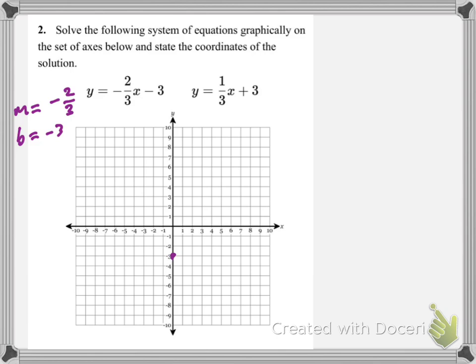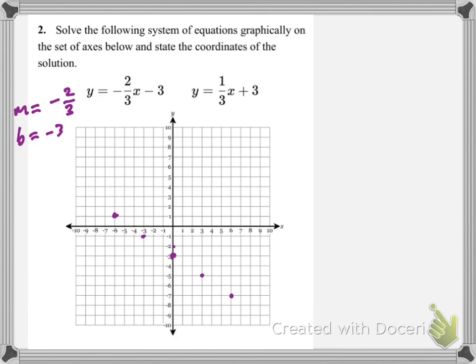So I'll go from here, down 1, 2, right 3, down 2, right 3. If I go back to the y-intercept and I go up to the left 3, I'm still on the same line. So up to the left 3, that should be enough.